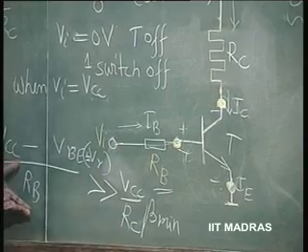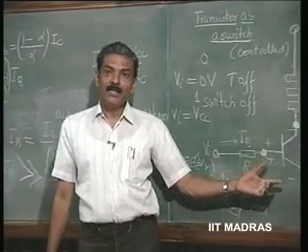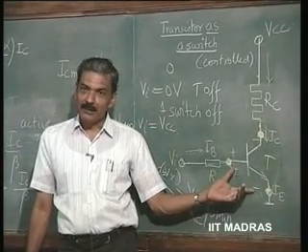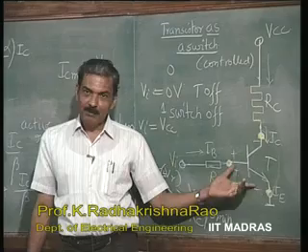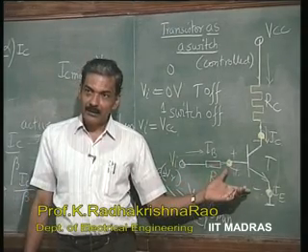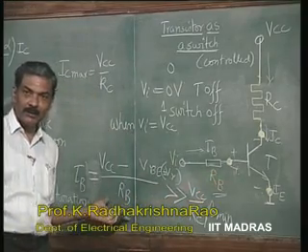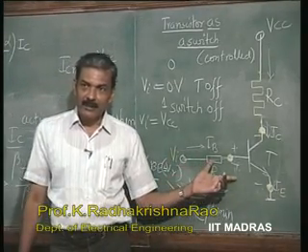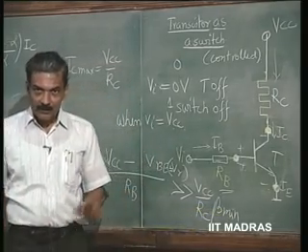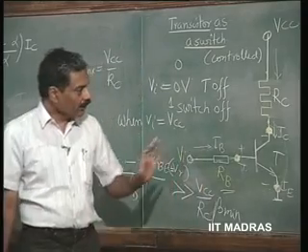The maximum value for RB is limited by this equation. Minimum value is limited by the maximum base current that you can permit through the transistor without damaging it. So, both maximum and minimum limits for the base resistances are determined by the fact that the maximum resistance is governed by this equation, minimum resistance is governed by the fact that base current cannot exceed a certain value without damaging it, right.